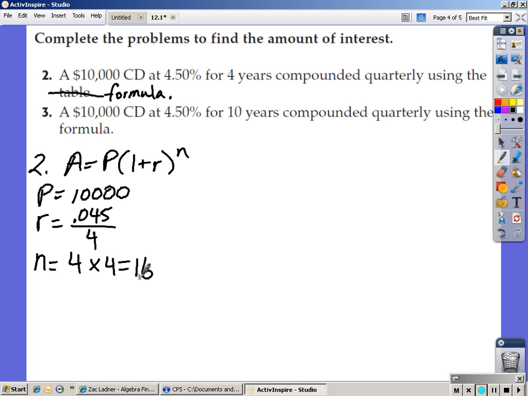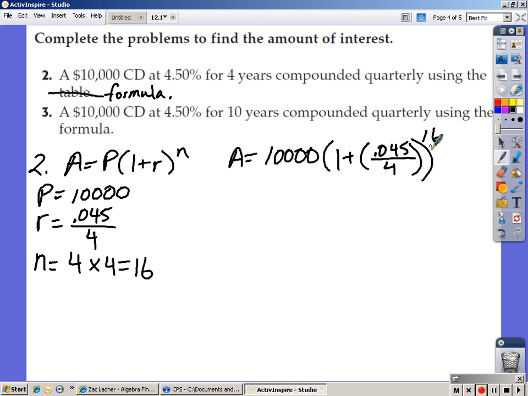So, A equals 10,000 times 1 plus 0.045 divided by 4 to the 16th power.